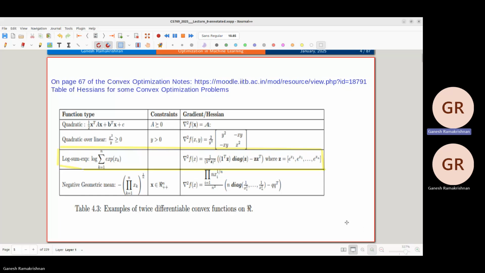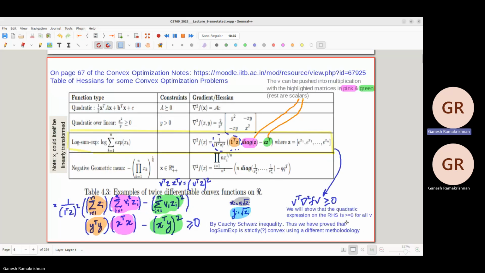Okay, so this is what I do here. I have this diag z in pink, and the zz transpose in green on the slide, expanded. What happens when I push the v into the multiplication with the highlighted matrices?